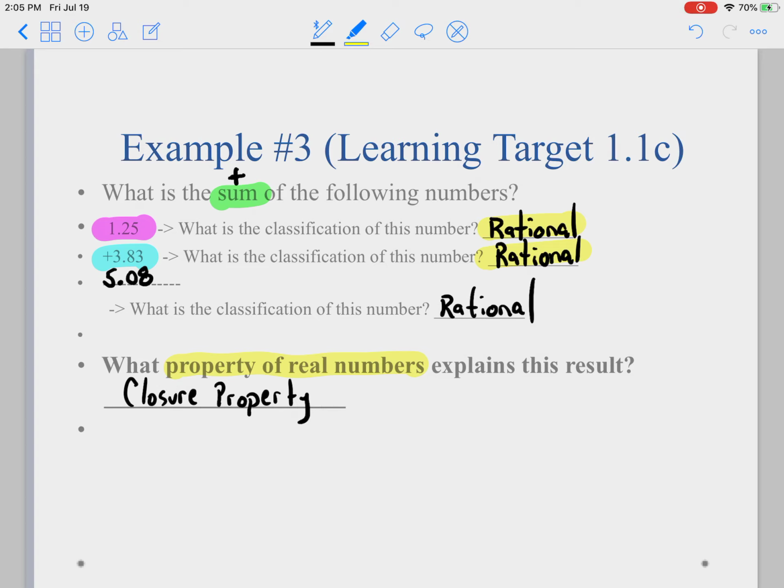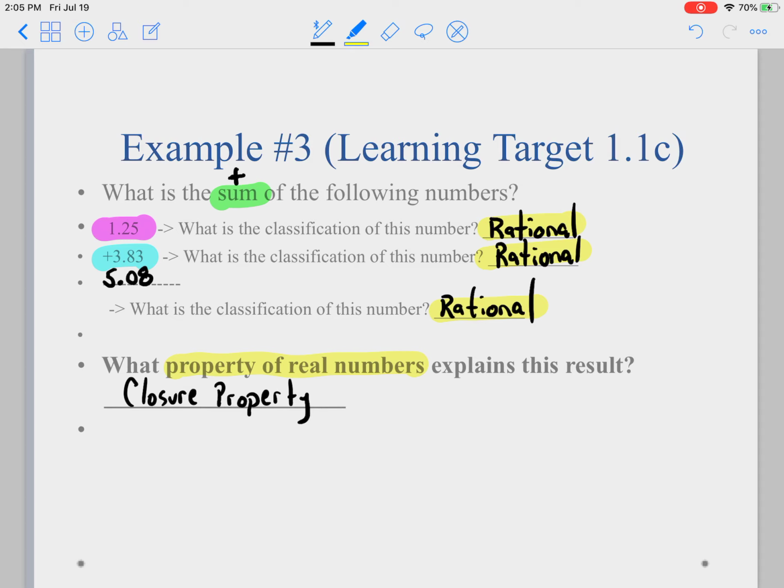Well, the number that's contained in that same set is 5.08, and it is a rational number. So we use the closure property to show that two rational numbers added together resulted in a number classified as rational.